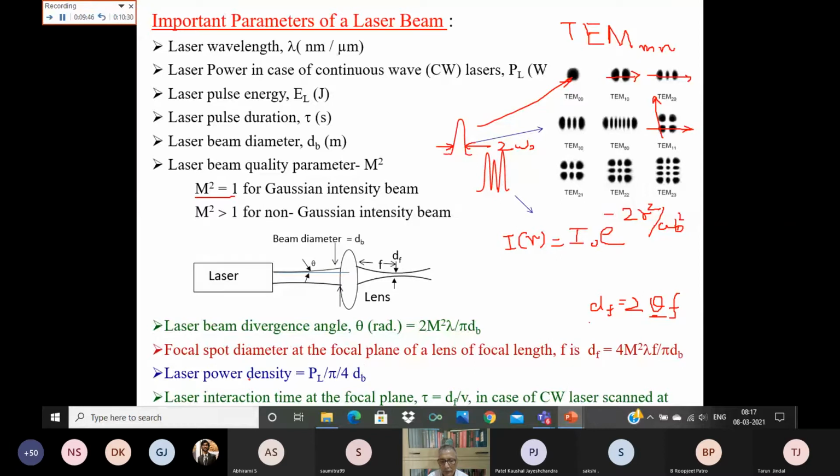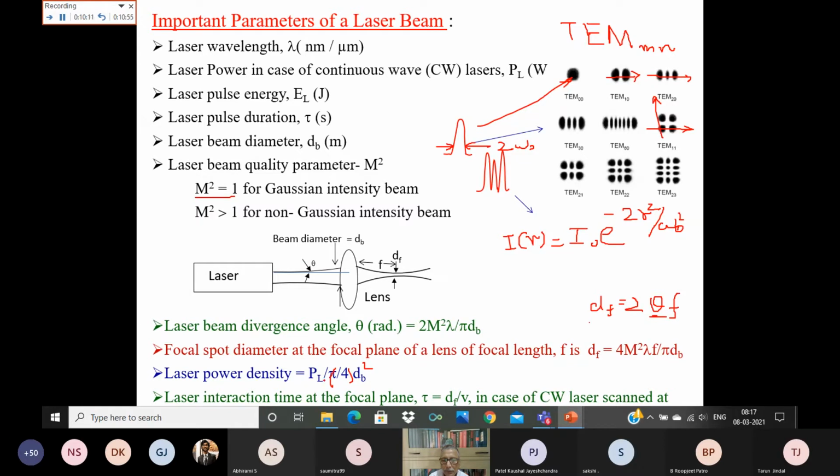And what is going to be the laser power density? The laser power density is nothing but laser power divided by the beam area. So it will be a square of this, like pi by 4 into dB square. Okay, so pi by 4 dB square is going to be your beam area.